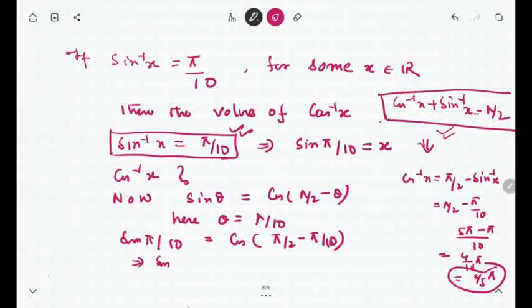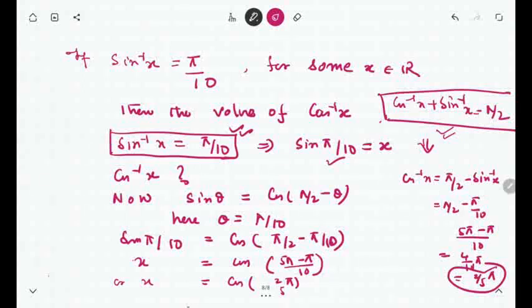In place of sine of pi by 10 we put x, because we have substituted that. So x is cos of 5 pi minus pi over 10, or x is cos of 4 pi by 10, that is 2 by 5 pi.